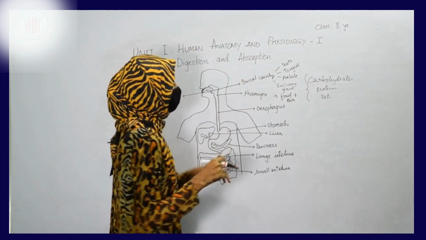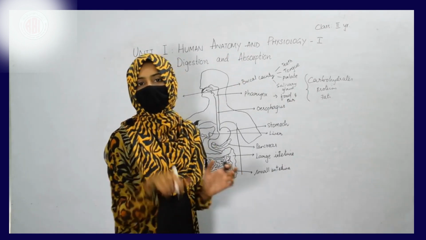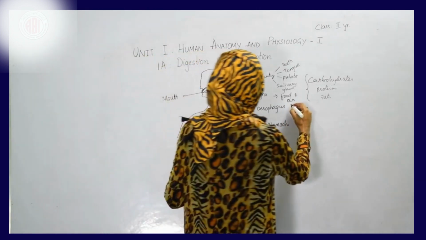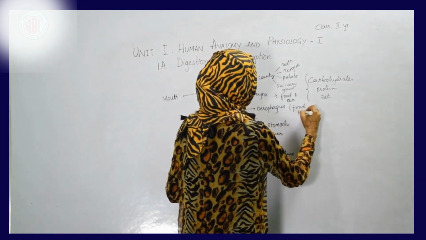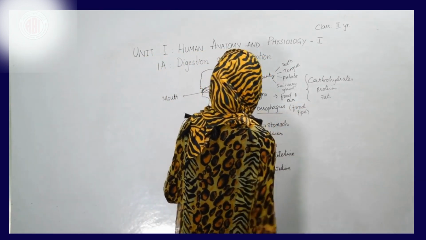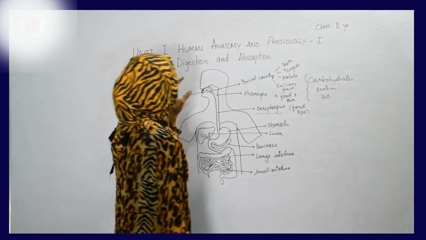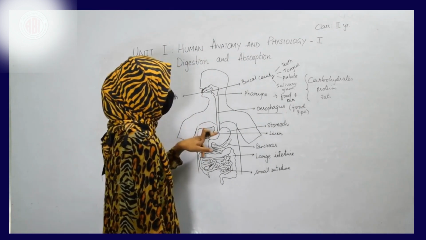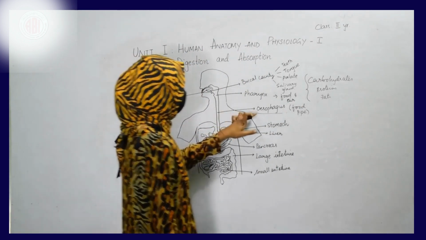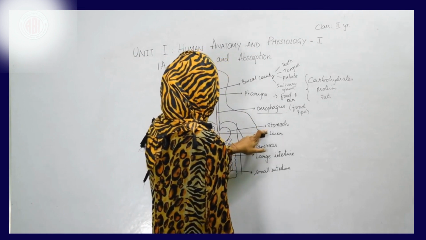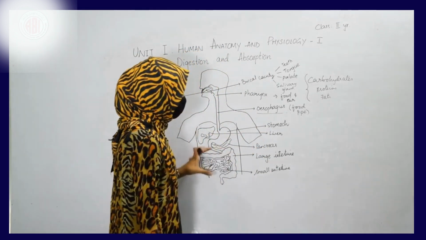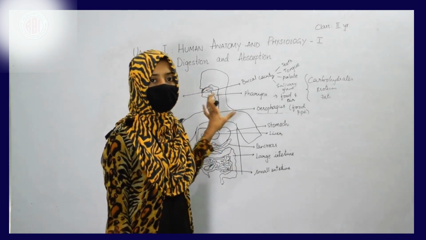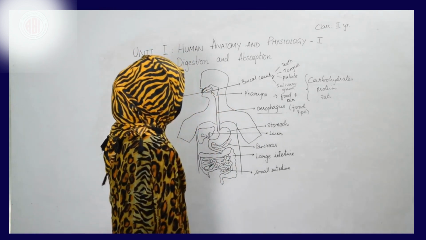After the pharynx, a long pipe arises, called the food pipe, and specifically we name it the oesophagus. The oesophagus is a food pipe that extends from the end of the pharynx to the first part of the stomach. After the oesophagus, we can see the stomach, and this stomach opens into the small intestine and large intestine. These are the different parts of our digestive system.